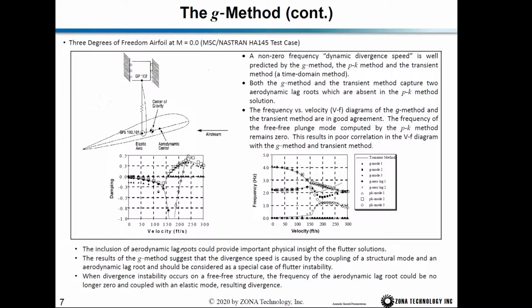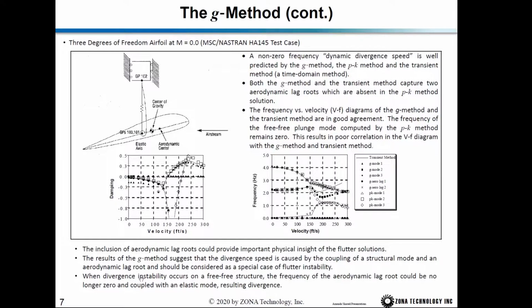So the inclusion of aerodynamic lag roots could provide important physical insight into the flutter solution. The result of the G method suggests that the divergence speed is caused by the coupling of the structural modes and the aerodynamic lag root, and should be considered a special case of flutter instability.